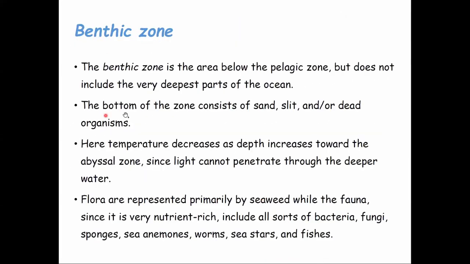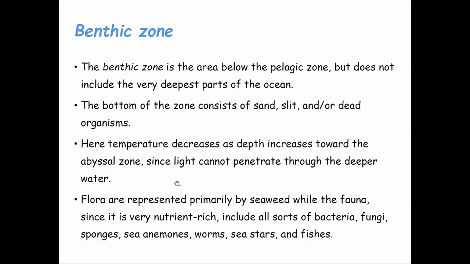The bottom of the zone consists of sand, silt, or dead organisms of the benthic zone. And here the temperature decreases as depth increases toward the abyssal zone. So temperature will decrease when depth is increased, since the light cannot penetrate to the deeper water, right?